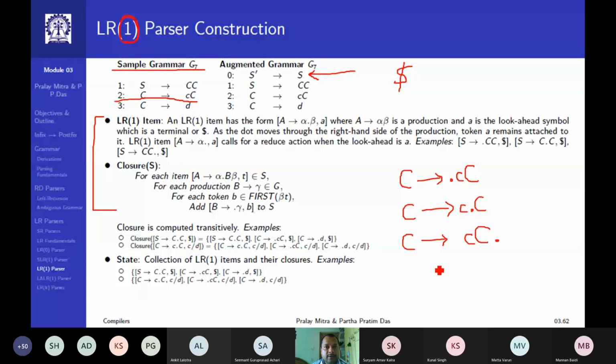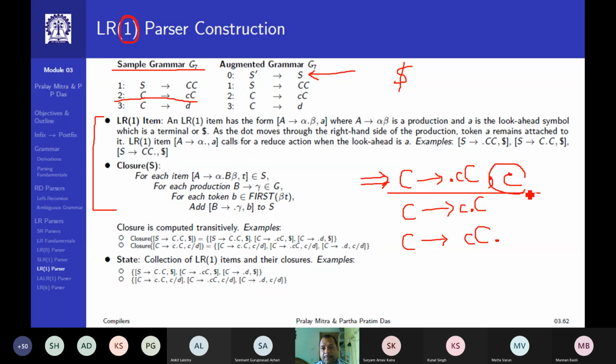Now LR(1) incorporates lookahead information. Along with this, I am adding information, small c, a terminal, that is my lookahead information. When I am at this first item, which I am marking with this double arrow, and the dot is here, then when I see A dot C, I will make a move.